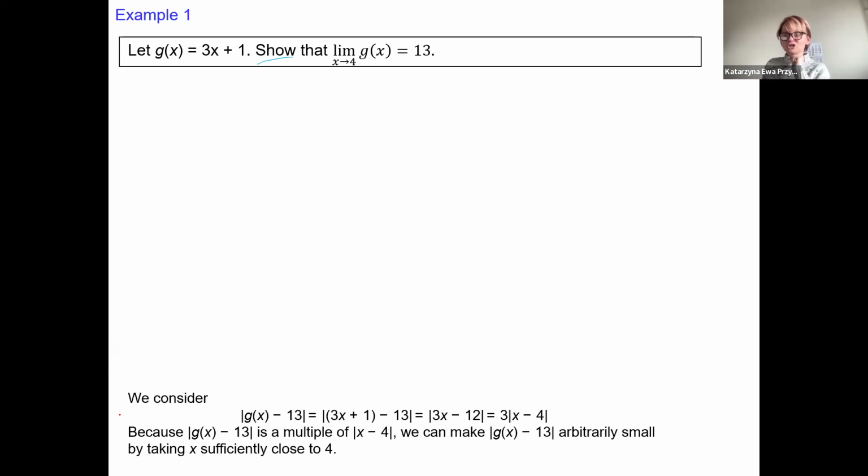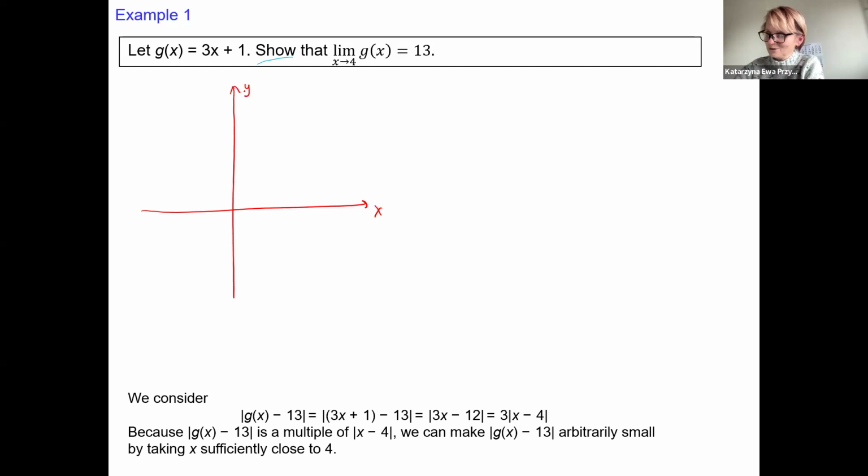If we have a function g of x equals 3x plus 1, we have to prove that the limit of g of x as x approaches 4 is equal to 13. You probably see just the substitution, but let's wait, because it's not that obvious.